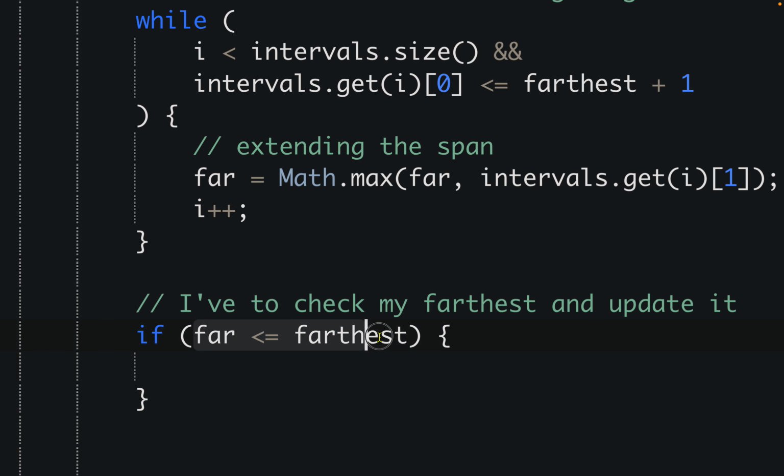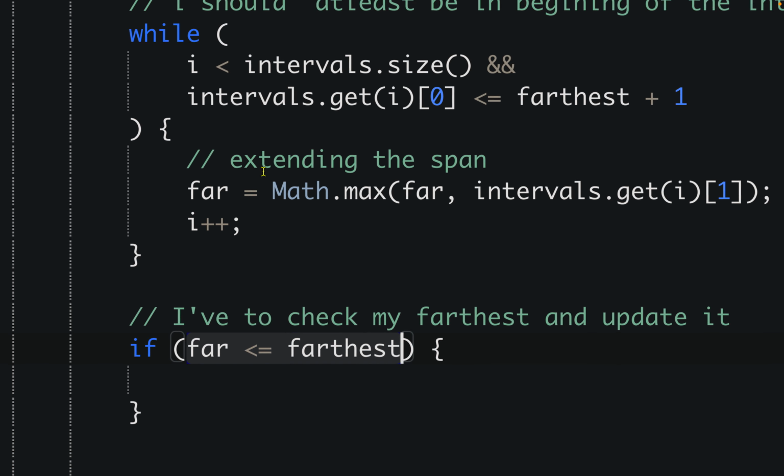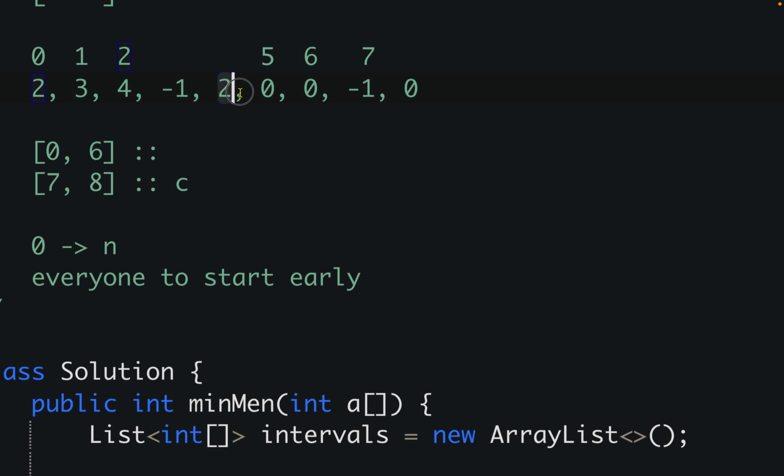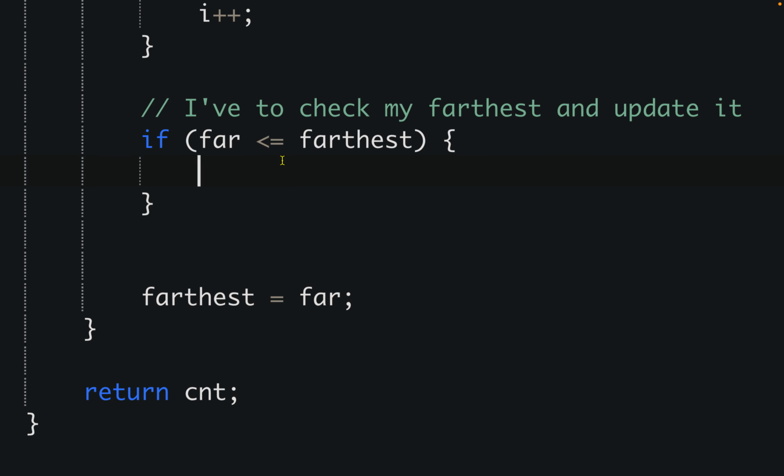It means that the far element which you tried to extend didn't even extend it, and it stayed till this point, or in our example, it stayed till 6 itself. Thanks to 4, it went till 6. Thanks to 2, it went to 6 again, but it never went beyond 6. So in this case, we want to return -1.